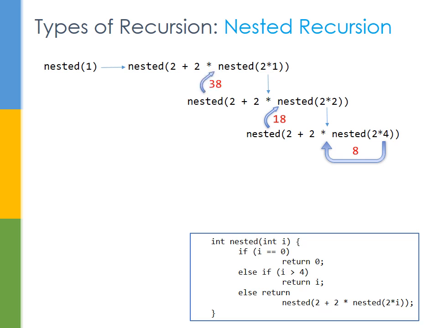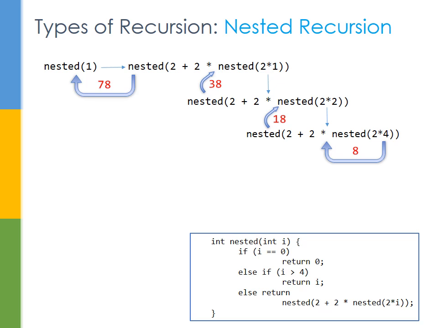And again, you can check my calculation. The result of that is 38. So now we have a result for this nested call to nested over here, which is then 38. Again, we multiply that by 2 and we add 2 to that. And that gives us then a result of 78, which is then the result of our original call to nested with a parameter value of 1.